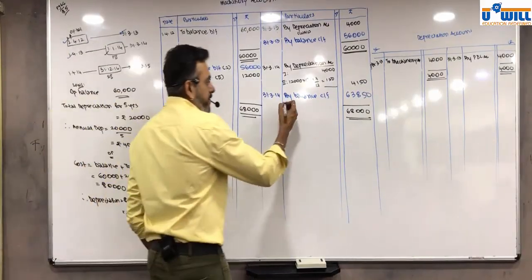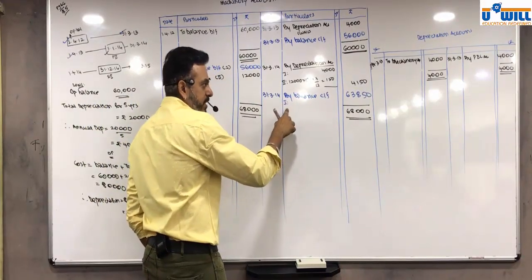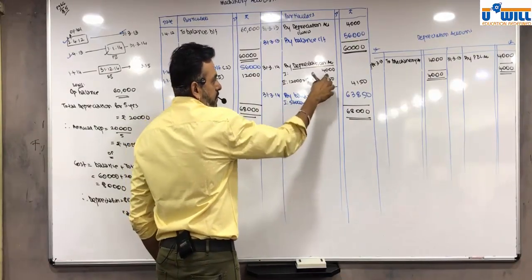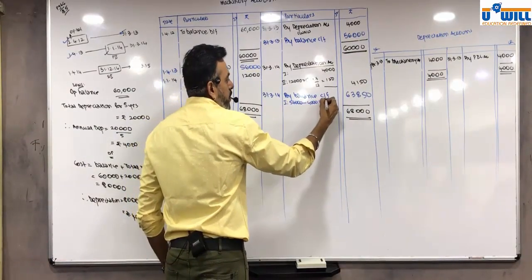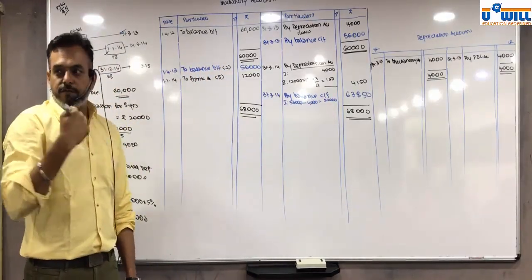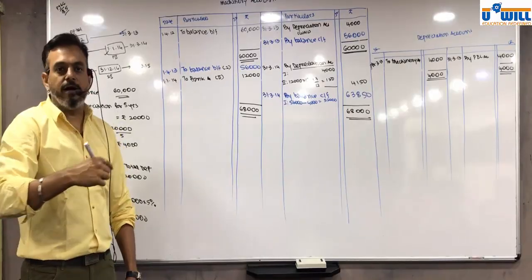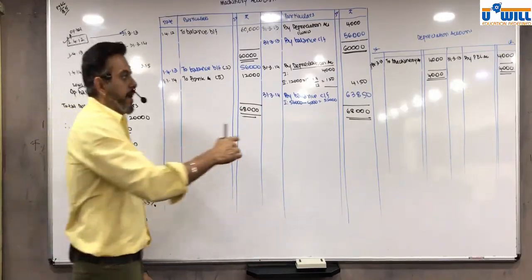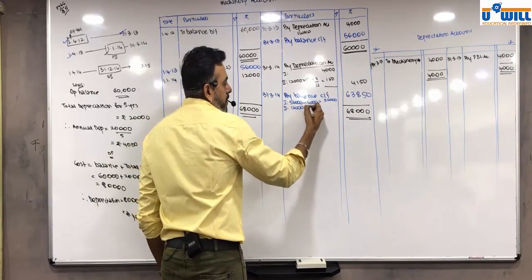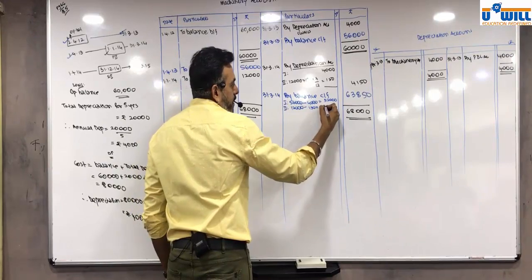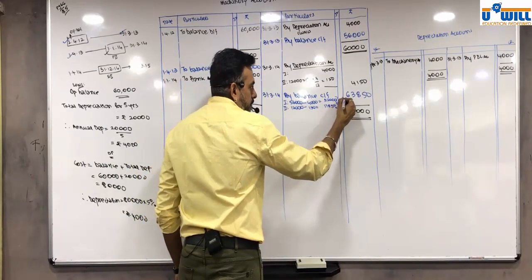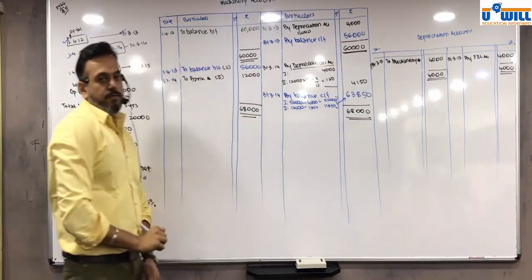I can reconcile this. Machine 1 opening balance 56,000 minus 4,000 is equal to 52,000. Did everyone understand? First machine opening balance was 56,000, depreciated 4,000, so 52,000 remained at year end. And machine 2 was bought for 12,000, 150 depreciation was provided, so 11,850 remained. The total of both is 68,350.